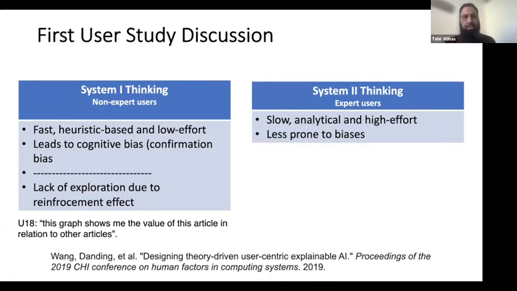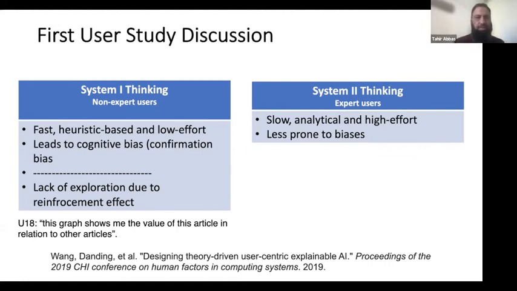So in the discussion section, they actually highlighted the reasons why the lay users prefer the visual explanation while performing worse with it.